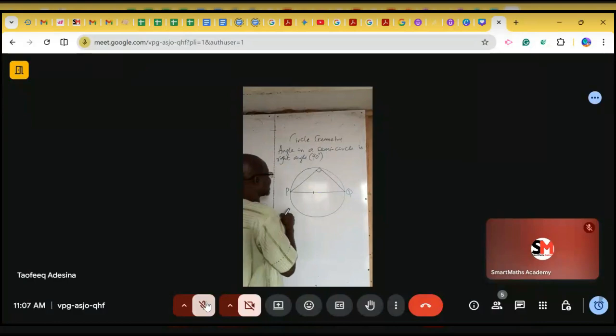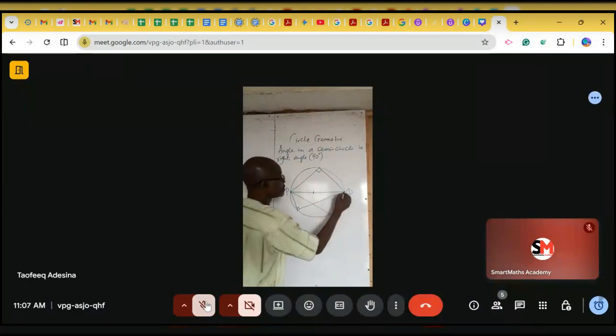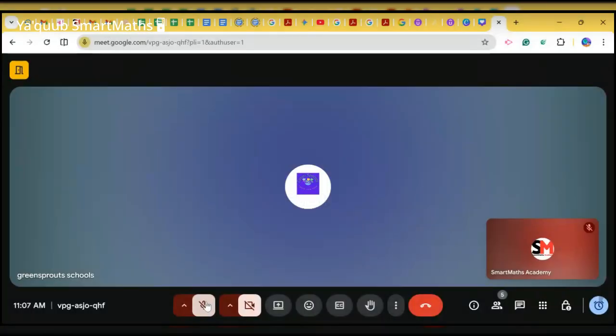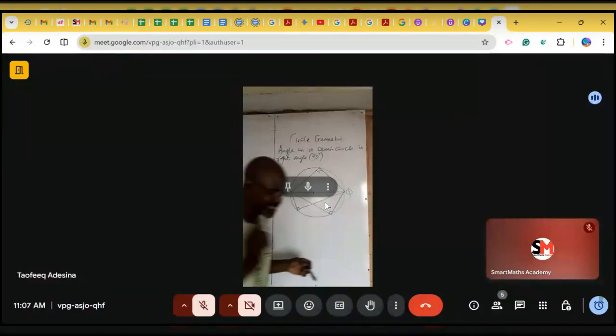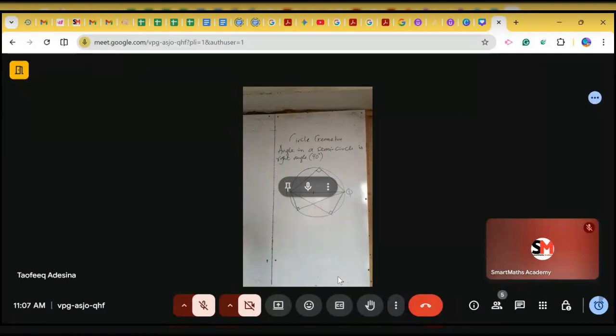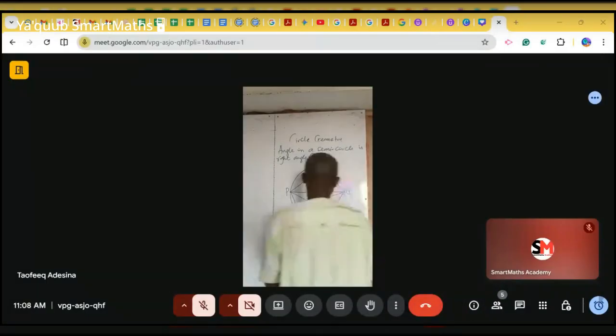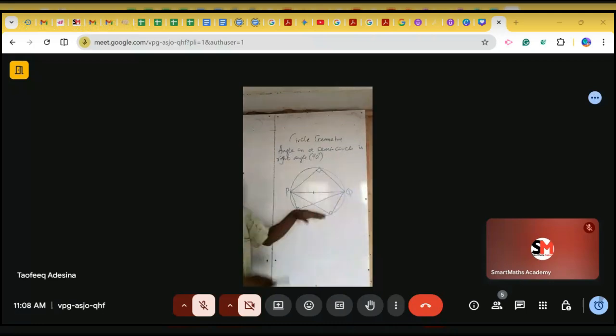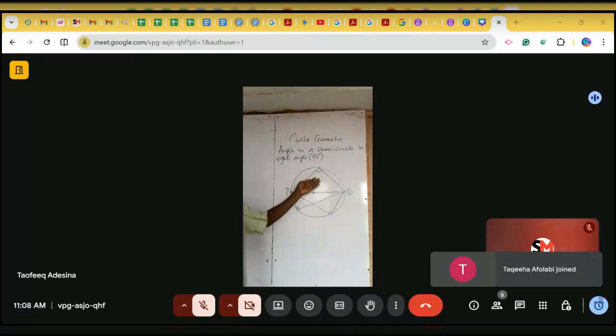Any angle that this diameter forms on the circumference, if I form another one like this, this must be 90 degrees. If I form another one, this must be 90 degrees. Please take note. Very, very important. Now, we are getting into another aspect whereby they will combine circle geometry with trig ratio, because it's a 90 degrees angle.